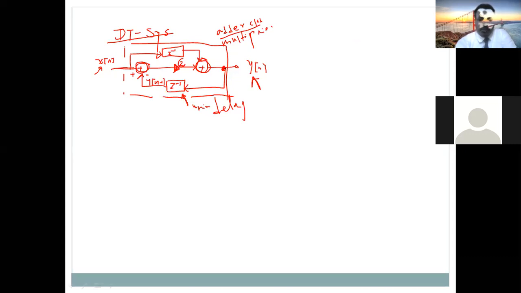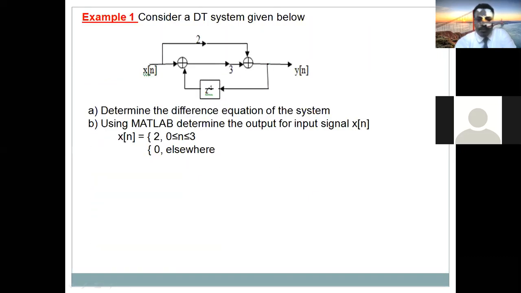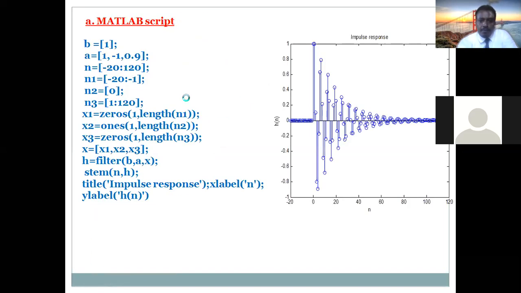We'll see this in detail when we come to the design part. But in systems like this, the output comes here and is applied to this element. What is this element? A memory element. It will give you the past value: if you apply y of n, it will give you y of n minus 1, the sample before one sample time.